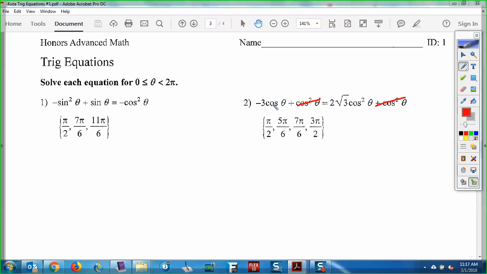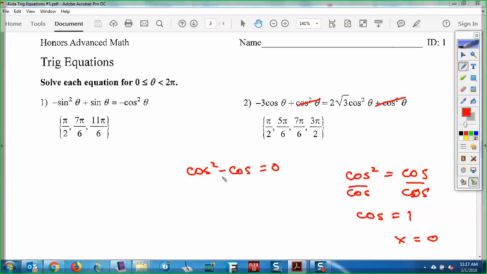The one where you get in trouble is if you have cosine squared equals cosine and you divide both sides by cosine. What you end up with is cosine equals 1, which would have an answer of 0, and that'd be your one answer. But if you subtract the cosine over and factor out the cosine, now you get cosine equals 0 and cosine equals 1.